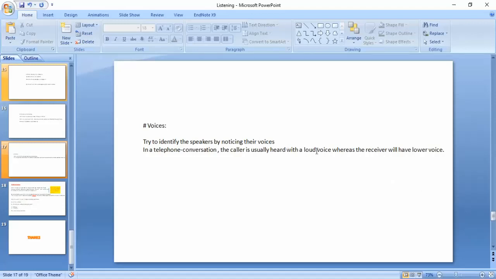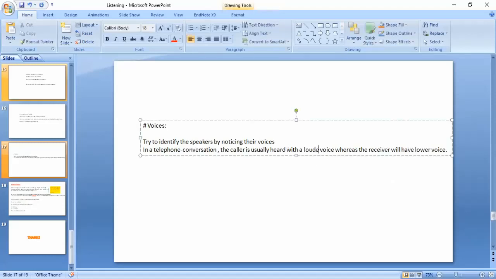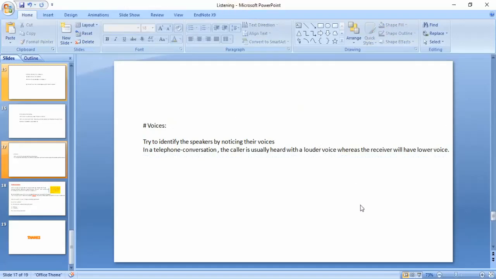The caller will sound like "hello," and the receiver on the other hand will sound like "hello." But you have to figure out this difference in their volume and identify who is the caller and who is the receiver.